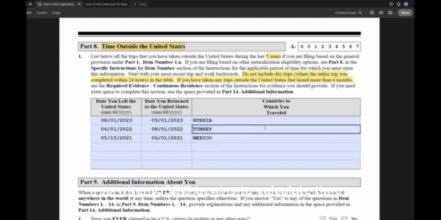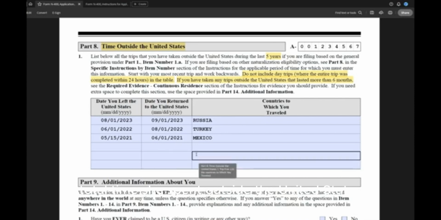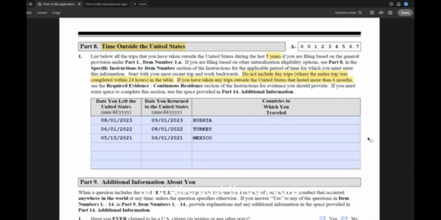So when USCIS begins to calculate total time she spent outside the United States over the past 3 years, because we're applying based on a 3-year rule, they will only count 2 days of this trip to Mexico between May 30th and June 1st. And this is because prior to May 30th, Jane was not yet a permanent resident.